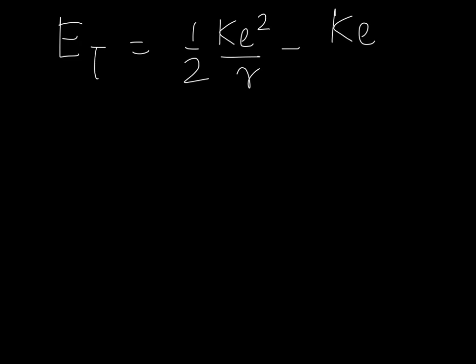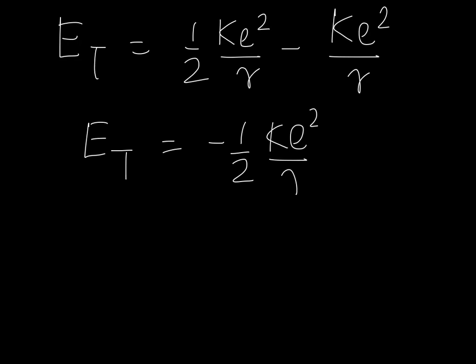So the total energy ET becomes half ke squared over r minus ke squared over r, which technically becomes ET is equal to minus half ke squared over r.